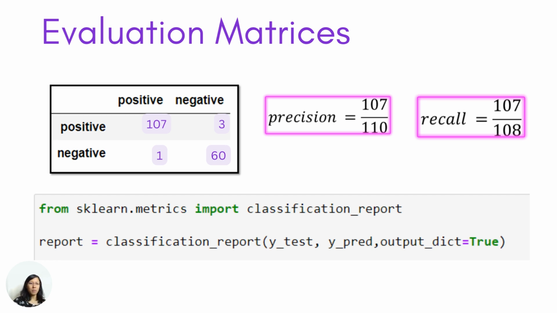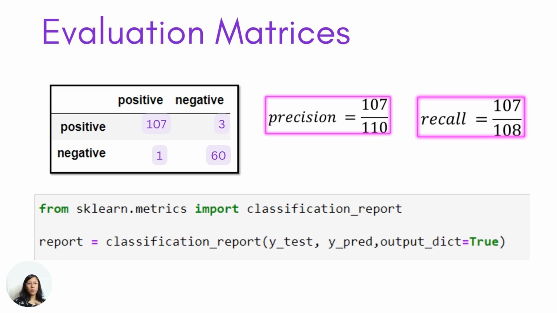If you see the first line, we have labeled 110 as positive cancer patients, but out of 110, only 107 are true patients. So the precision of our model will be 107 divided by 110, which is 0.973.